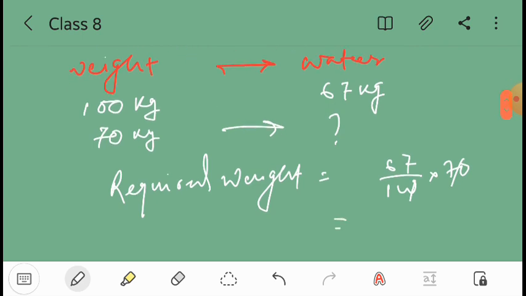Now if we multiply 67 into 7, that means 469 divided by 10, that means 46.9 kg. So this is how much water you have in Aparna's body weight, right? So this will be the required answer here.